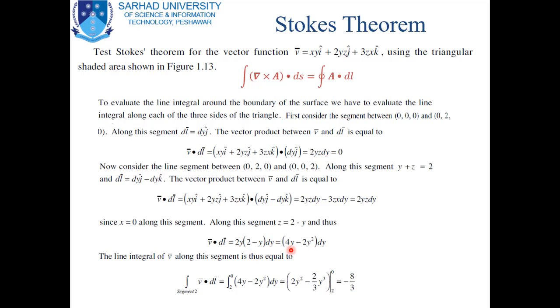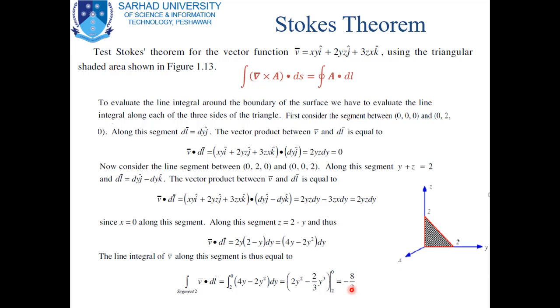After multiplication, v dot dl equals (4y minus 2y squared) dy, and we will integrate this from 2 to 0, because we start from the lower part of the inclined plane to the upper part. At the lower part, the value of y is equal to 2, and at the upper part, the value of y is equal to 0. After integration, we will have minus 8 by 3.